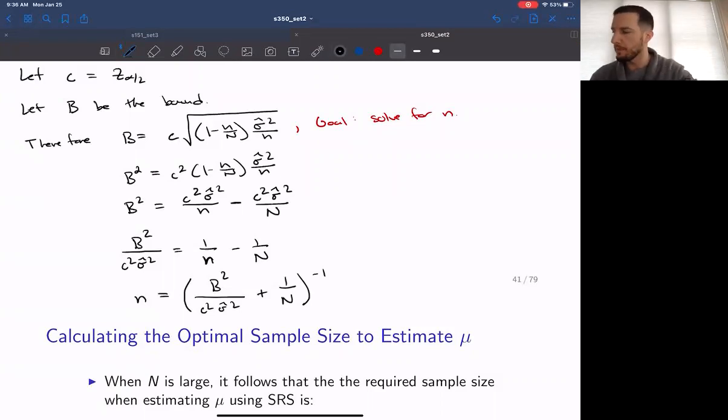So as I said before, pretty similar idea to what we saw back in our earlier studies of how to compute sample size.